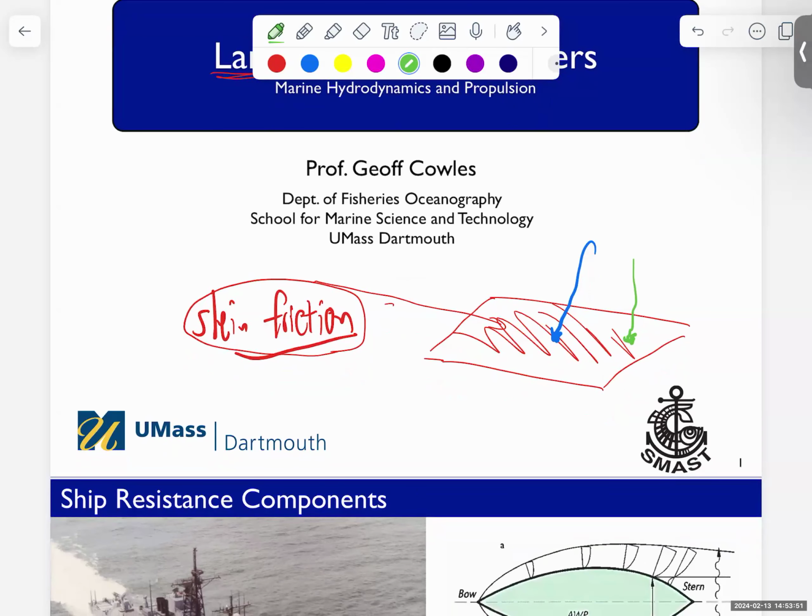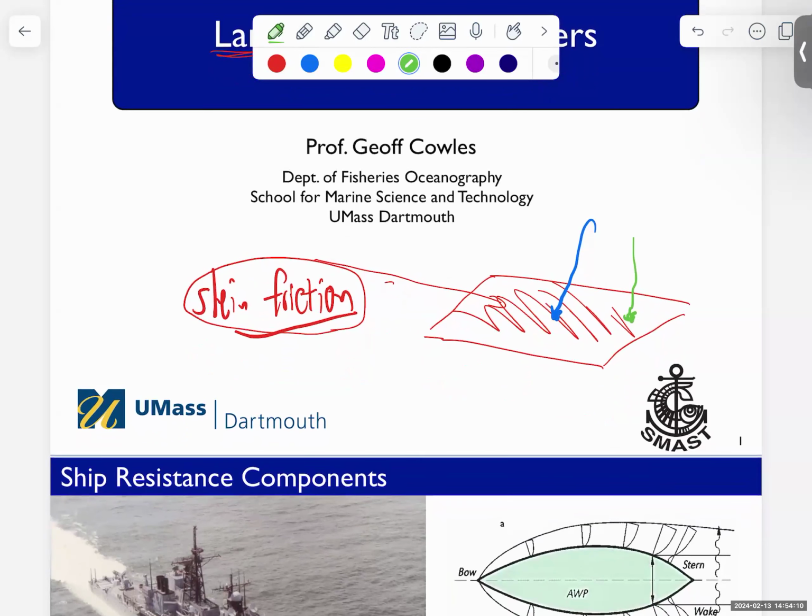Now, we're going to talk about those. We'll talk about the distribution. But the key thing we want to take out of this, from an engineering sense, is we want to know the whole force on the plate. So we want to understand the distribution of shear stress, integrate that to get a force on the entire plate. Because really what we care about is the drag on this whole plate.